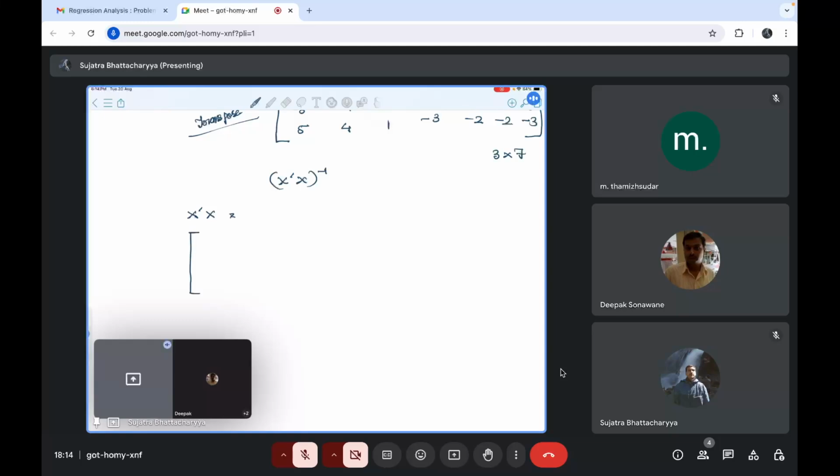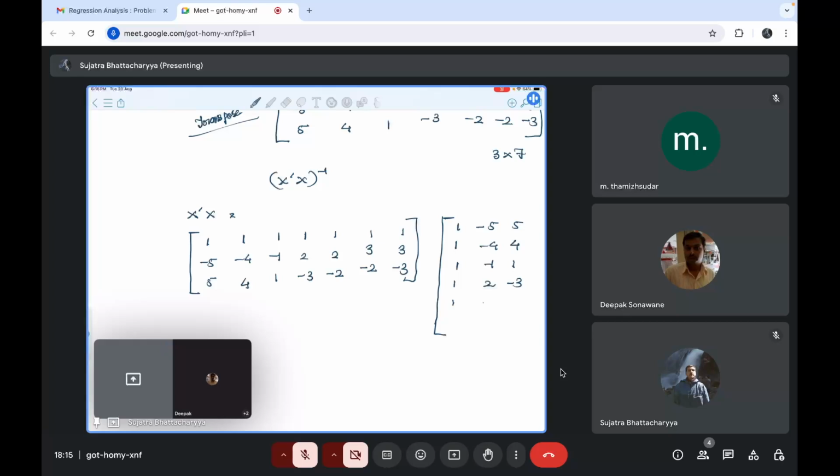I will again write this: 1, minus 5, 5; 1, minus 4, 4; 1, minus 1, 1; 1, 2, minus 3; 1, 2, minus 2; 1, 3, minus 2; and 1, 3, minus 2. Right, this is your X, and this is your X again, the same.